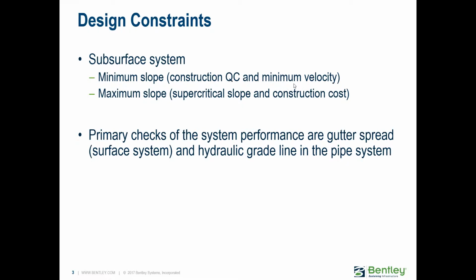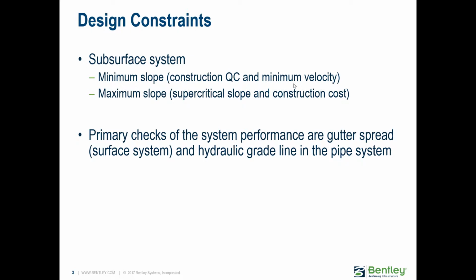And then we also want to make sure that if it rains, you're going to be able to evacuate that water through your inlets, and the water is not just going to pool there and spread on the road, causing problems for cars. So we look at gutter spread as a main check when we're designing our inlets.